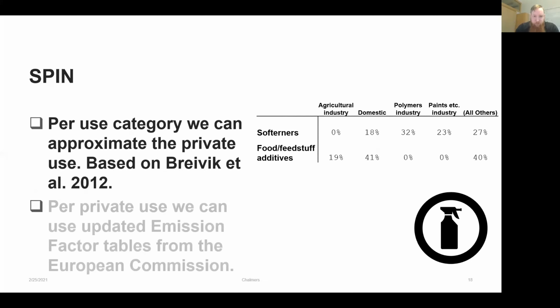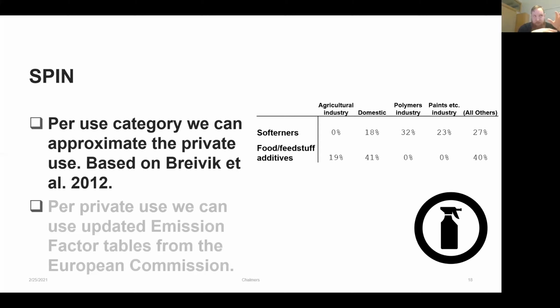For the substances and preparations, there's a little more bells and whistles associated with it. The database contained information on the total chemical content that is used within society and then split into a number of different use groups. That is what you have on the y-axis, so to say, of this table. So you have the different uses.